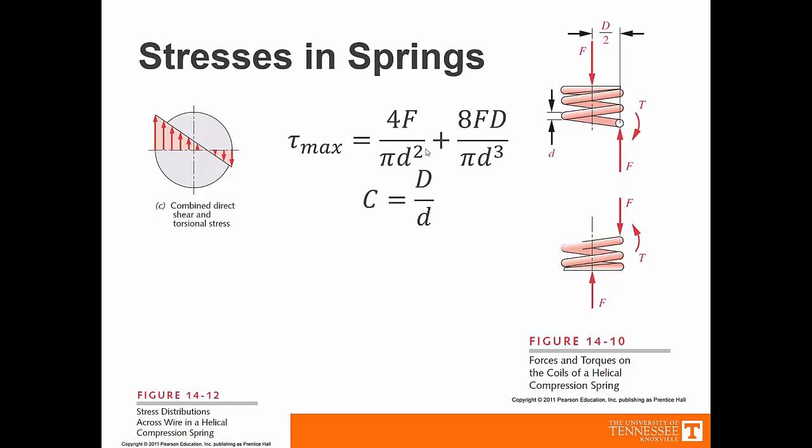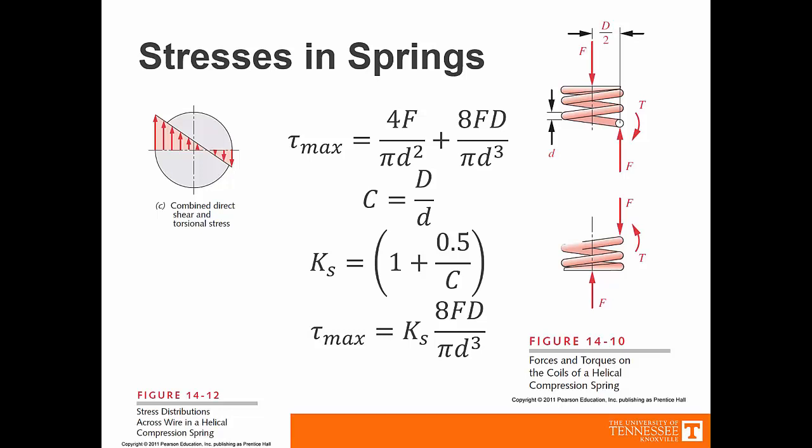If you recall, the spring index relates the coil diameter to the wire diameter. Now I'm going to introduce something that's not very apparent looking at this. I notice that there's this d squared, the d cubed, and the capital D, so I'm going to introduce a constant. Don't worry right now about how I derived the constant, so much as noticing that by applying it, we can have a simpler equation.